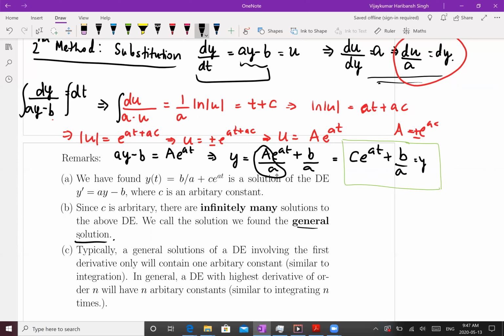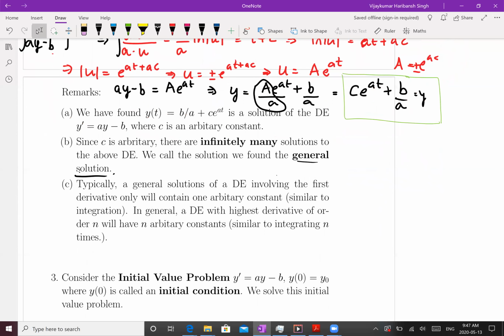Typically, the general solution of a differential equation involving only the first derivative will have one arbitrary constant. Similarly, if it is a degree n differential equation, that means the highest derivative is of order n, then we'll have n arbitrary constants. Yeah, this is similar to integrating n times.